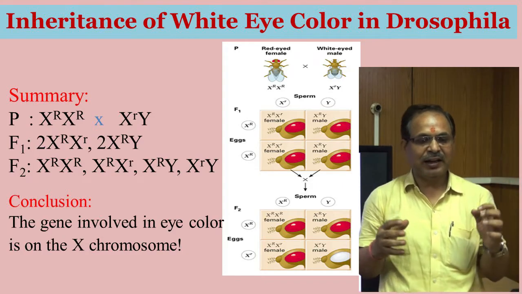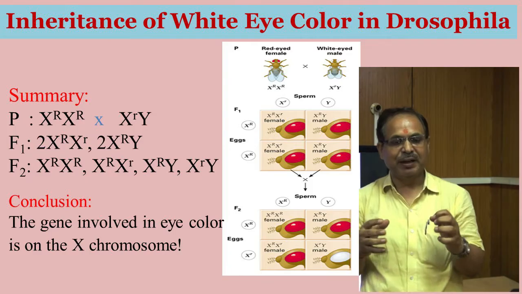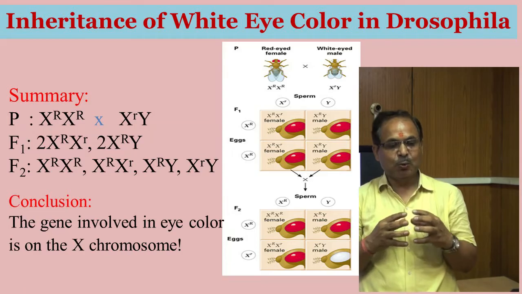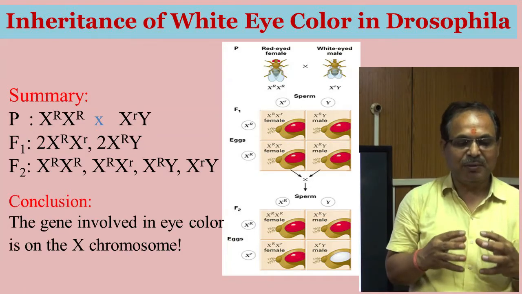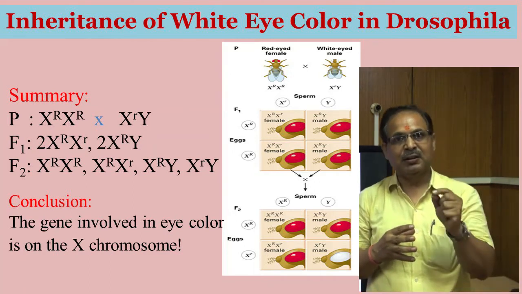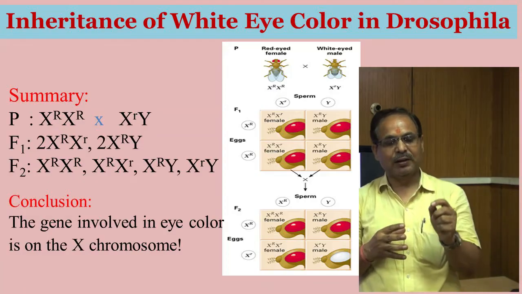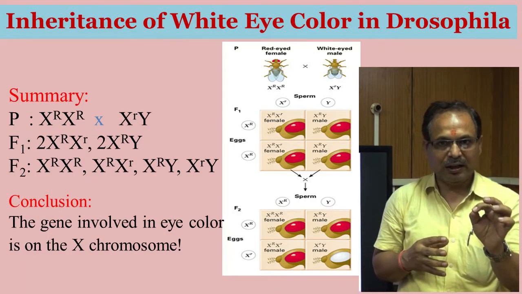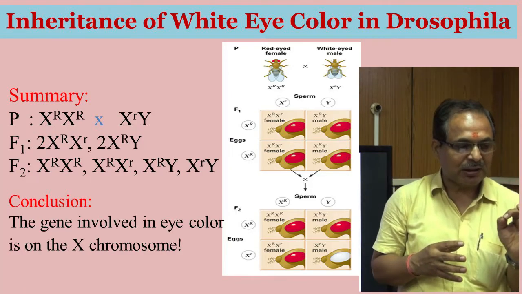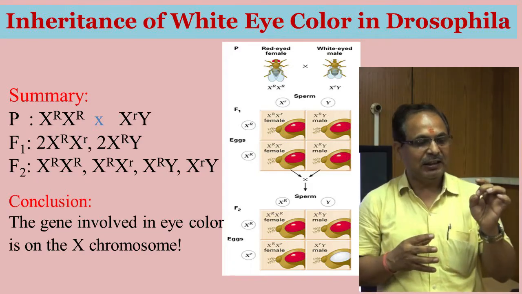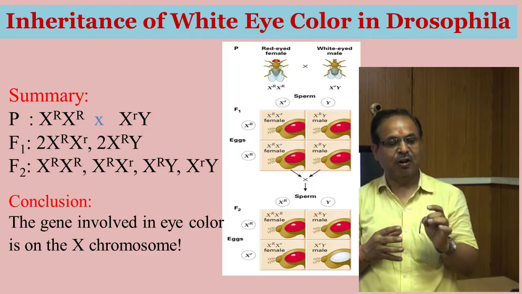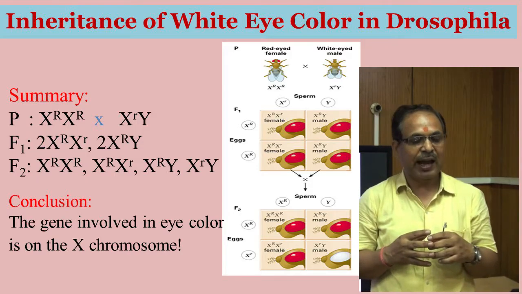But when the red-eyed female and red-eyed male were intermated, in the F2 generation all females were red-eyed, but 50% of males were red-eyed and 50% were white-eyed. It was concluded from this experiment that the gene involved in eye color is present on the X chromosome.